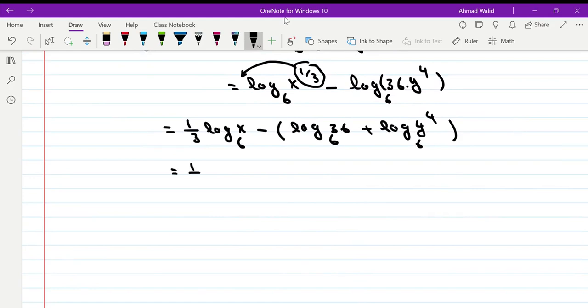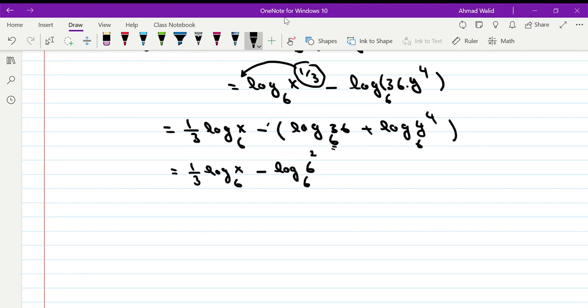Then 1/3 log of x base 6, distribute the negative, minus log of 36. Because my base is 6, I'm trying to write, if it's possible, 36 as 6 to the power of something. 36 means 6 squared, right? Then instead of 36, I will write 6 squared base 6.